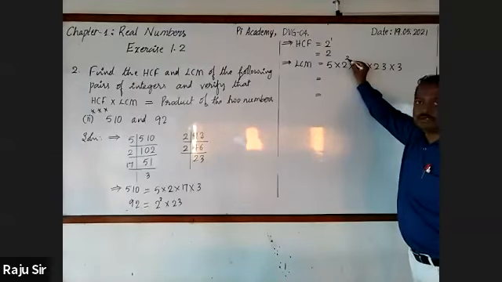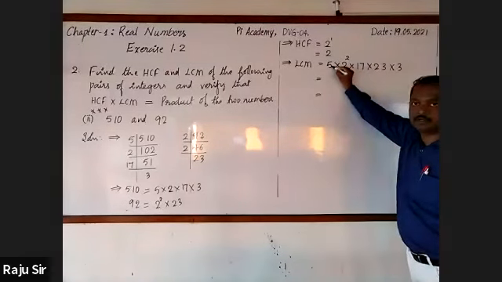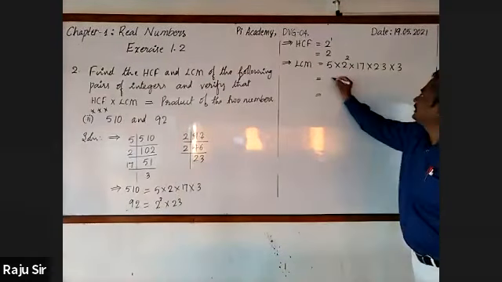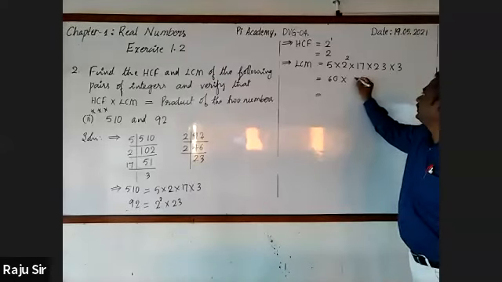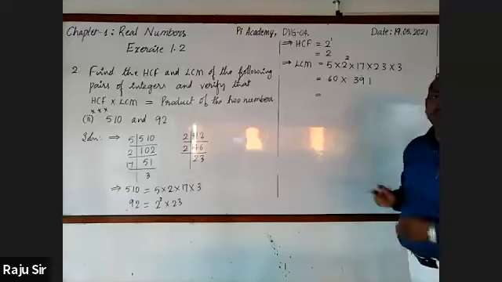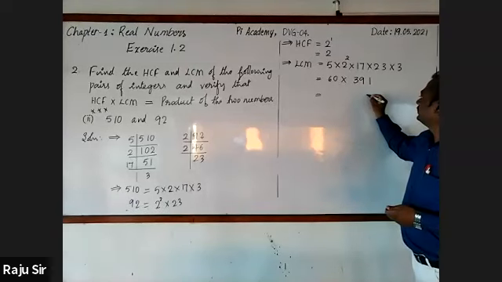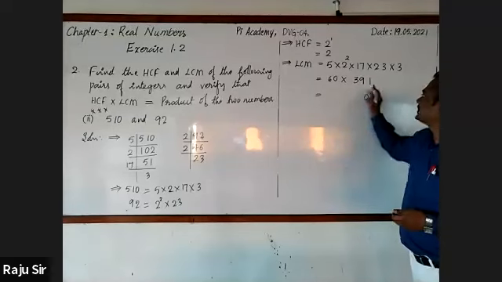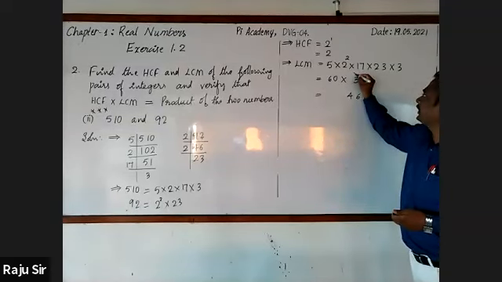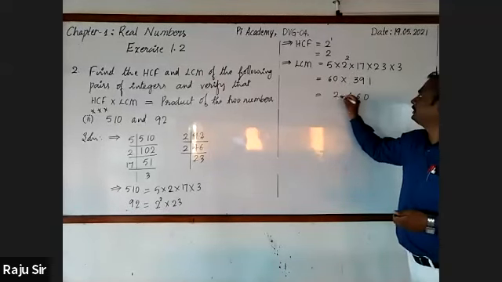Observe. Here 2 square is 4. 4 5s are 20, 20 3s are 60. And this is 17 into 23, we got 391. Now let me write 0 as it is, multiply 391 by 6. 6 ones are 6, 6 nines are 54, 5 is the carry. 6 threes are 18, plus 5, it is 23.